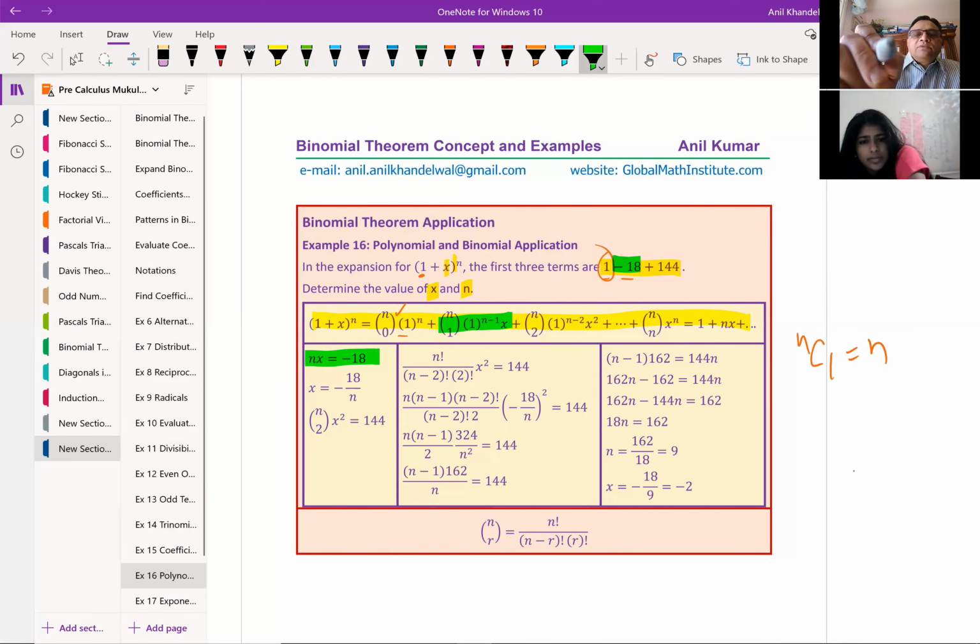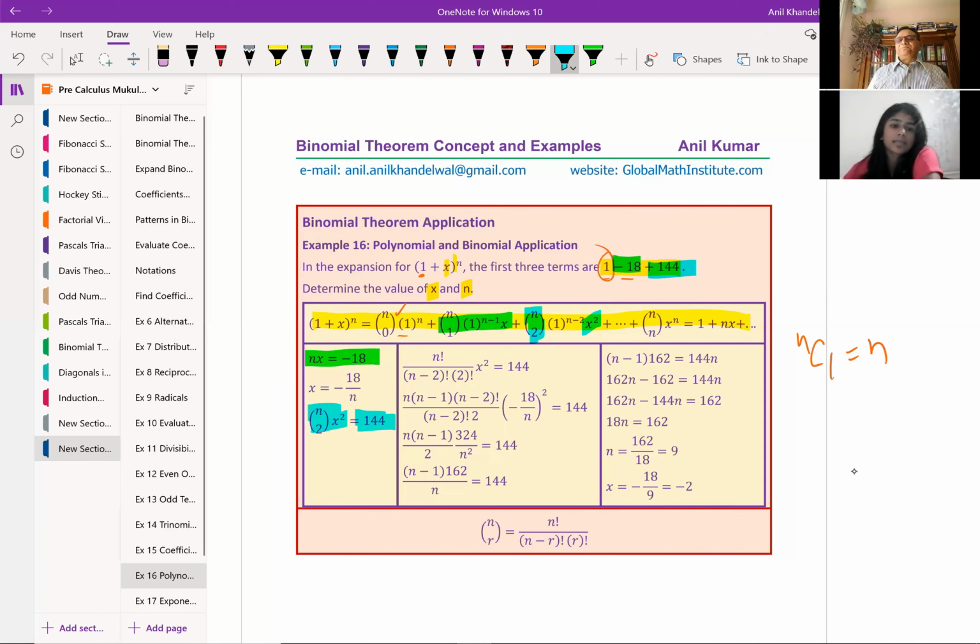The third term is given to you as 144x squared, and that is nC2, right? So nC2, 1 will be 1, x squared. So nC2 x squared is 144. You get your second equation. Perfect. You have two equations, two unknowns. Unknowns are x and n. You can do elimination or substitution to get your answer. So what I've done here is nC2 is what?